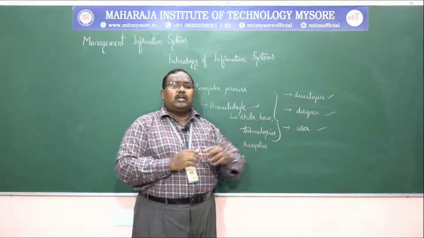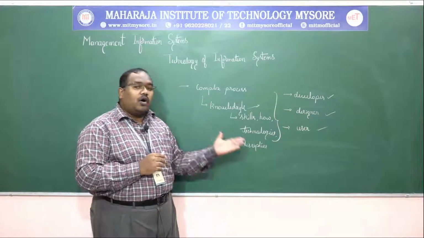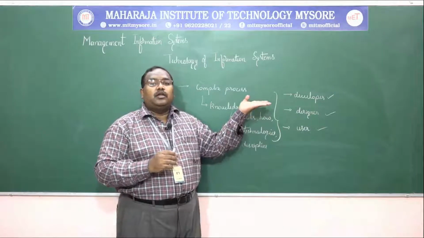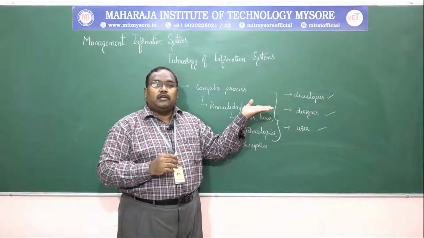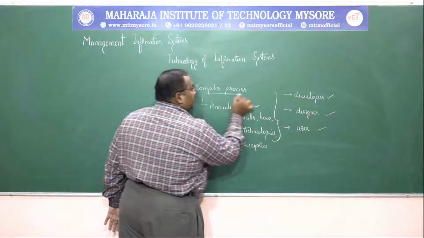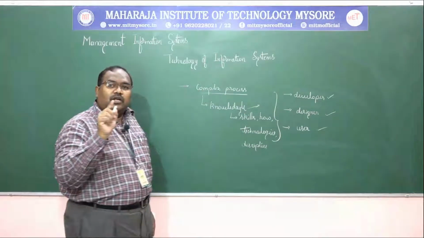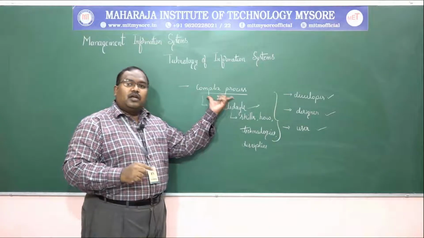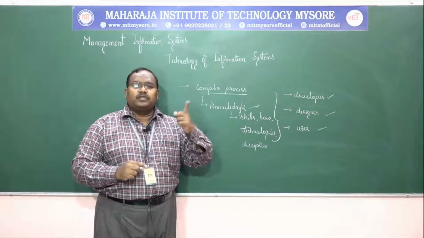So in order to develop an information system, all these things should be known to the persons involved in it. That's why I said developing an information system is not an easy task. It is a complex procedure or process.